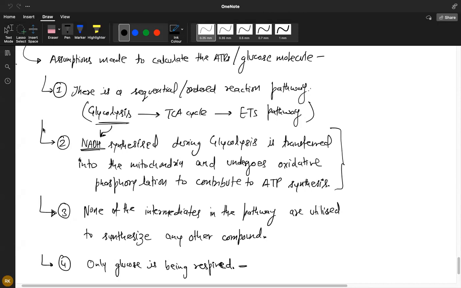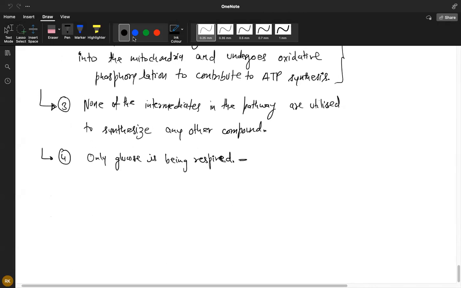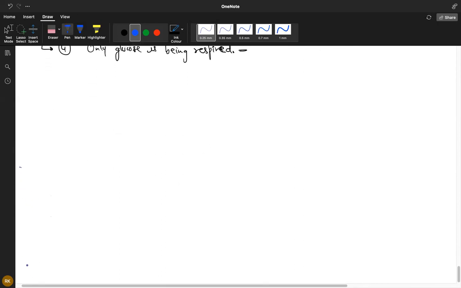Okay, so let's start with the pathway, right? Devangi, you can speak, so we both can talk about it. Tell me, what do you understand by reading that paragraph?